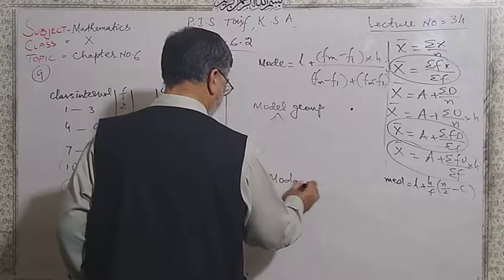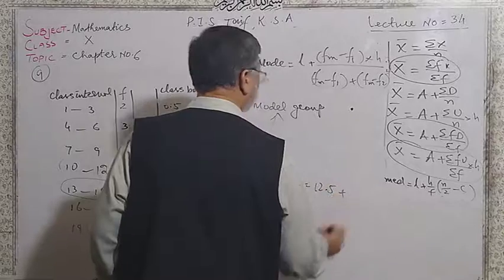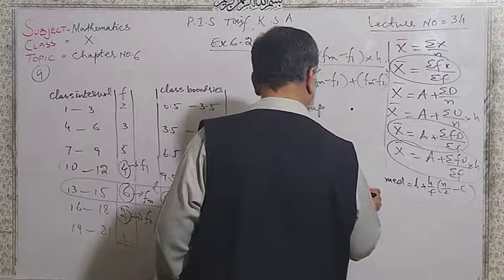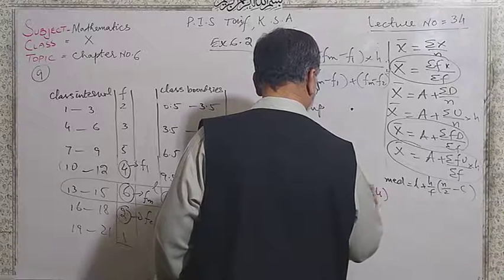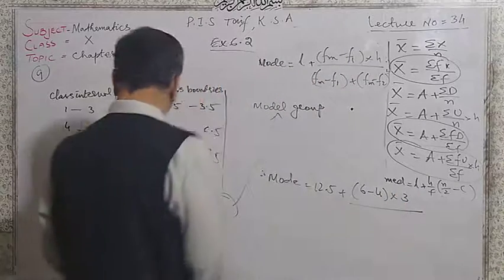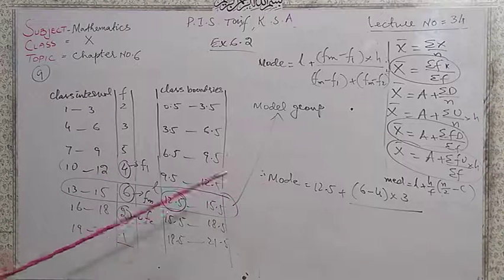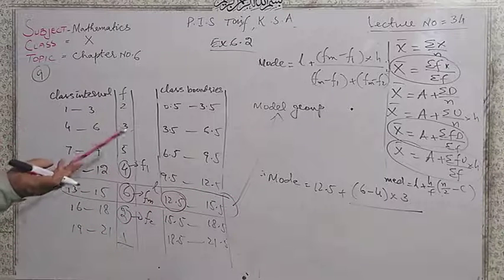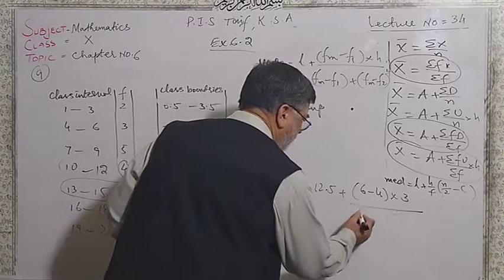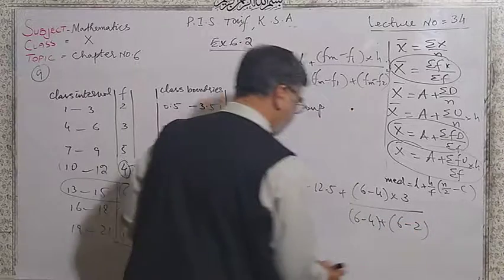Therefore, mode is equal to L is 12.5 plus Fm is 6 minus 4 into 3, Fm minus F1 into h. h is size of the interval, 1, 2, 3. And then Fm minus F1, 6 minus 4, then 6 minus 2.